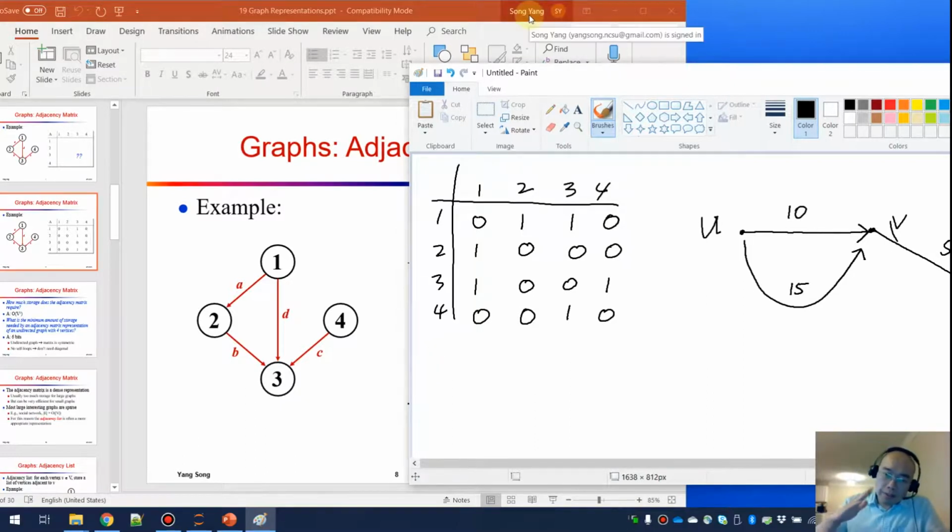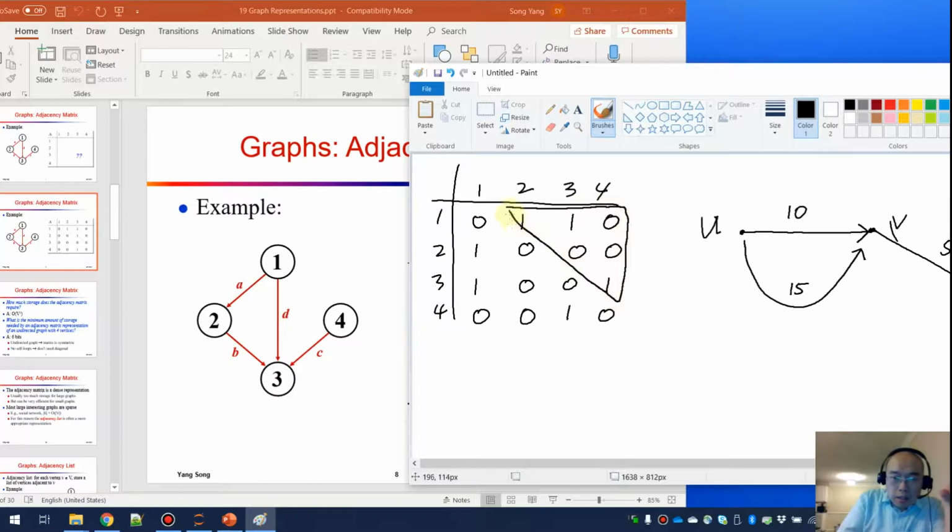In this case, the first observation is that it is a symmetric matrix. So if we want to store this matrix, we only need to store either this part or this part, right?